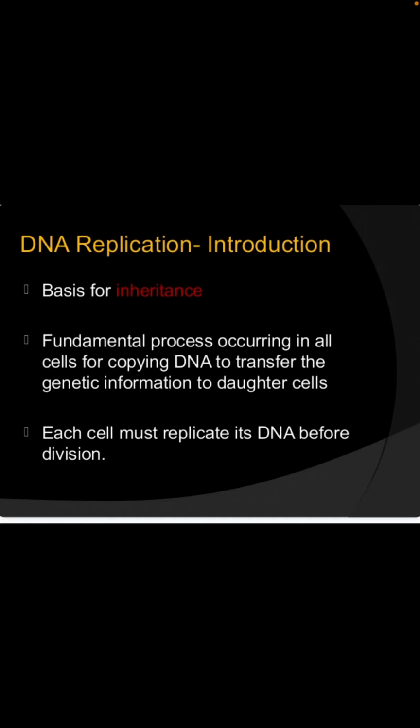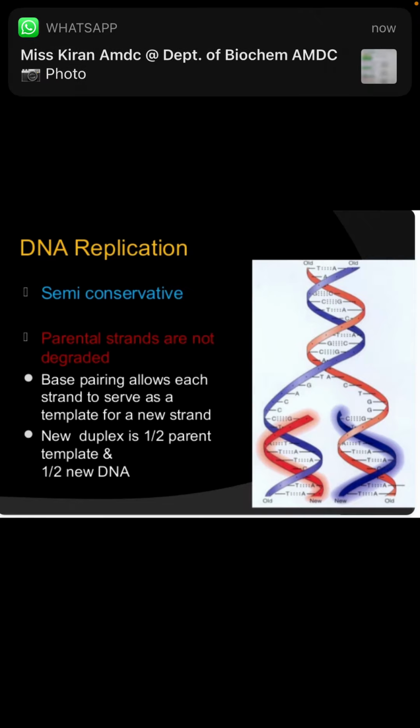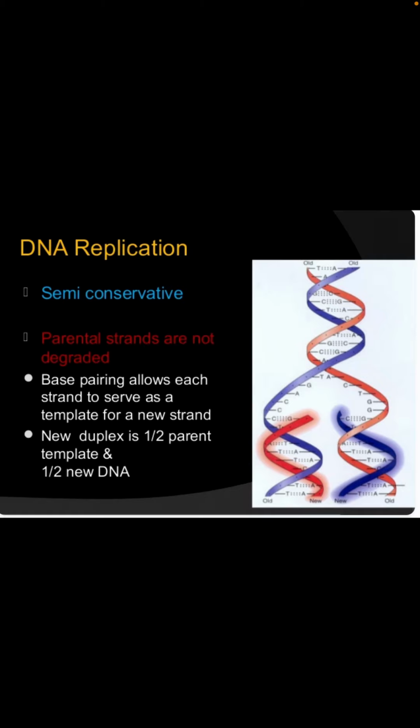So each cell must replicate its DNA before division, and all the processes which are involved for the replication of the DNA could be the identification of the origin of replication, the unwinding or denaturation of double-stranded DNA, the formation of replication forks, initiation of DNA synthesis, then elongation, and ultimately the termination, both in case of prokaryotes as well as eukaryotes.